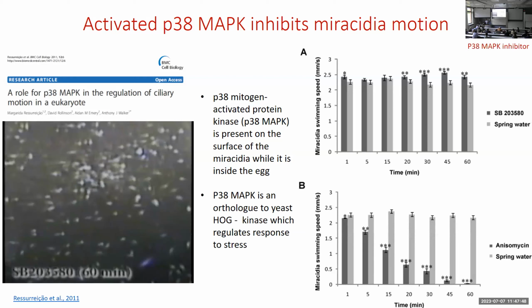So for instance, on this graph A on the top, when the inhibitor of this P38 kinase was added, the swimming speed of Miracidia increased, whereas when anisomycin, which activates the P38, was added, it completely slowed them down. They basically stopped swimming. The cilia stopped beating. So you can influence the swimming by different chemicals. And again, it's quite an open field.